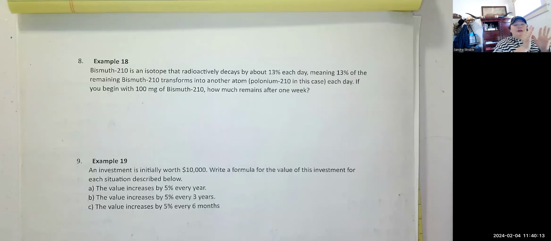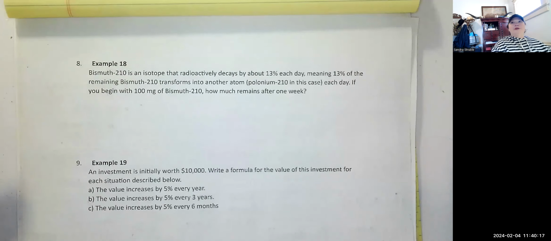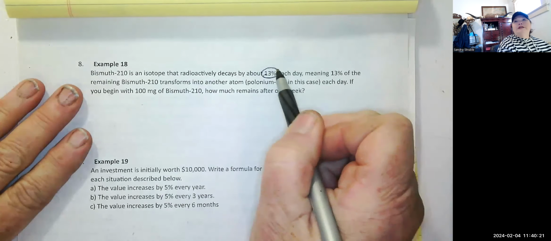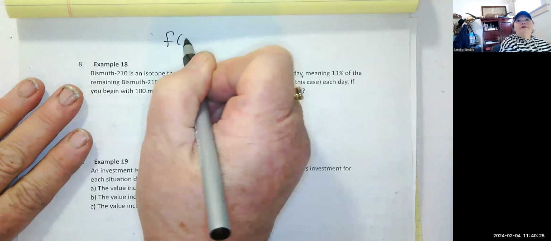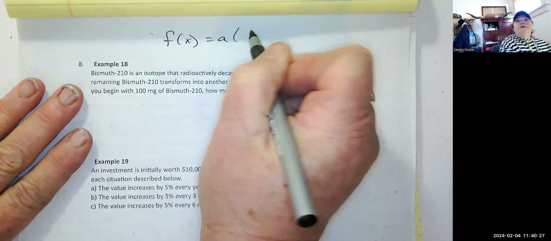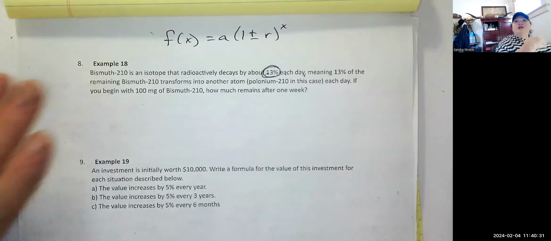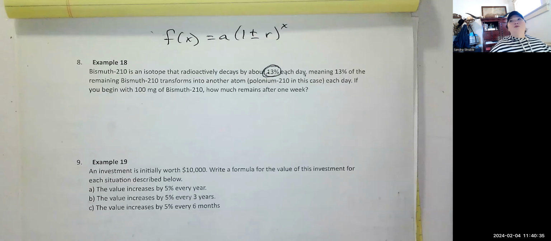So let's start. First of all, we need to know if it's a linear or exponential function. I know it's exponential because it's a percentage that it's changing each day. So I'm going to use this to create my function, just so that I can answer the question. It didn't ask me to write a function, but I need one in order to calculate what's happening here.